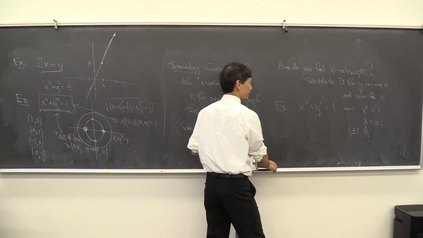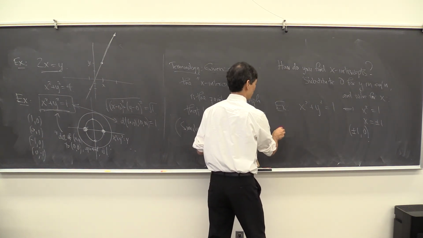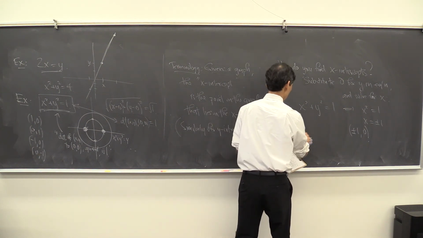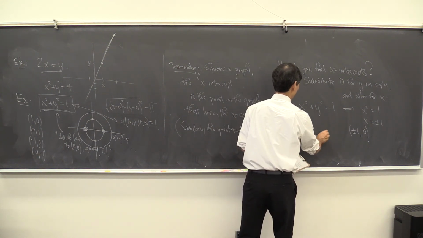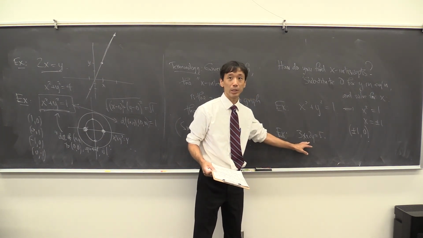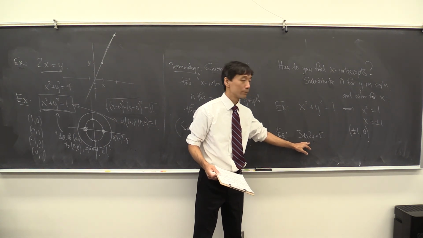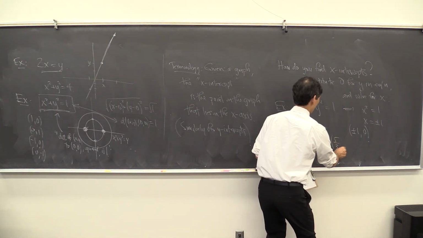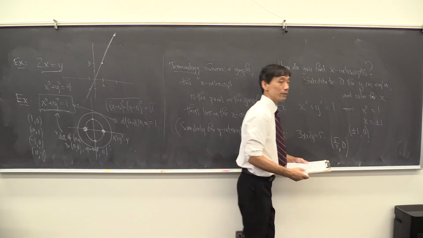If I had a line, 3x plus 2y equals 5, then what's the x-intercept? Can somebody just look at it and tell me? Five-thirds. Right, so 5/3 comma 0 will be the x-intercept.